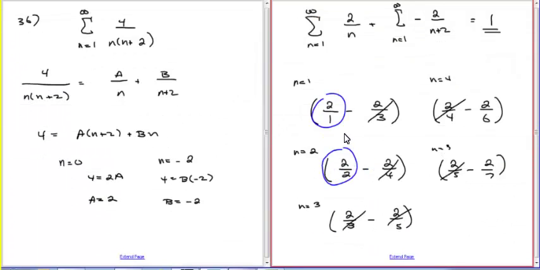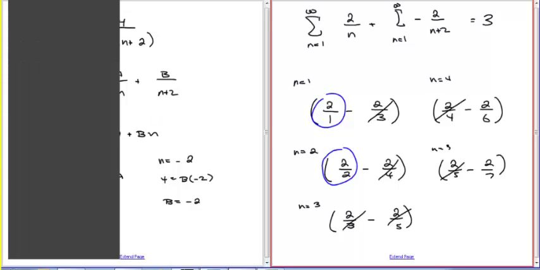A sub 4 is negative 1 to the 4 plus 1. And the fifth term is negative 1 to the 5 plus 1 power, and then we have 2 divided by 5.